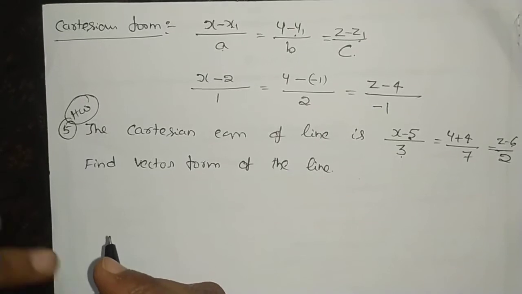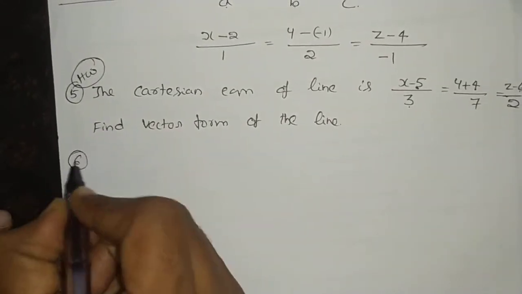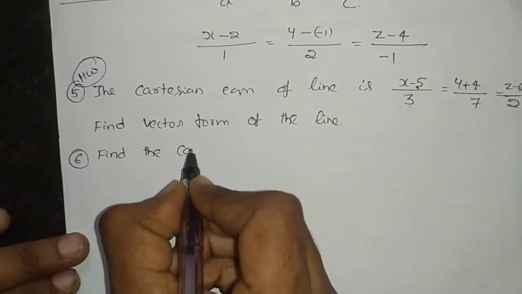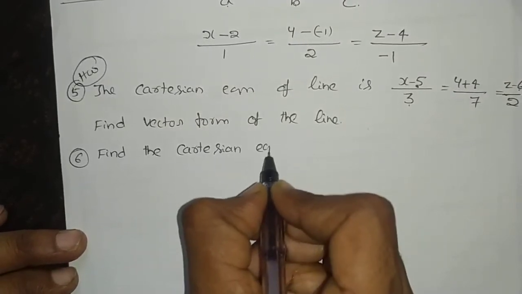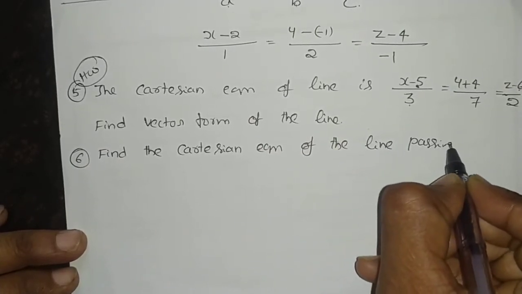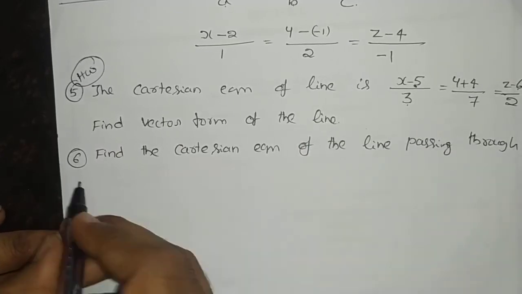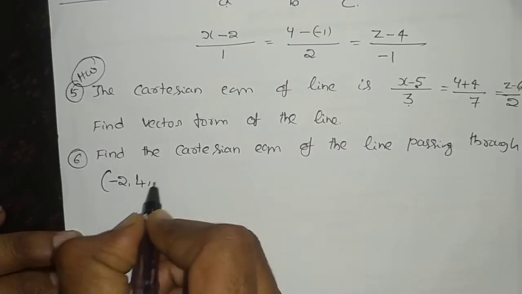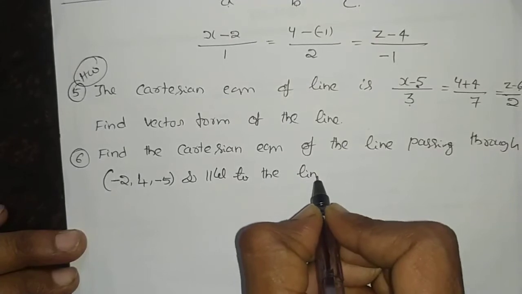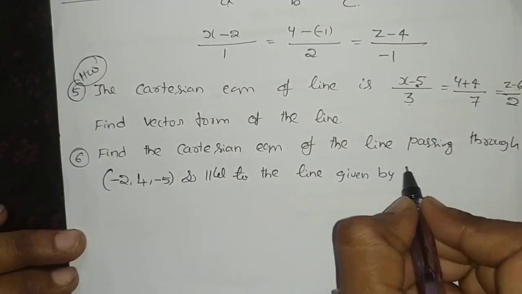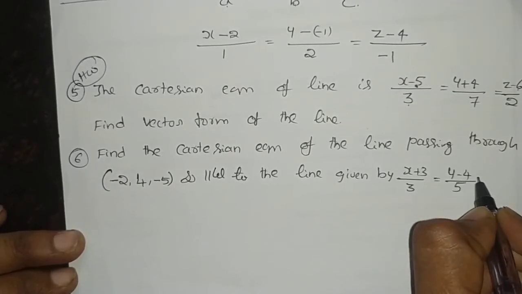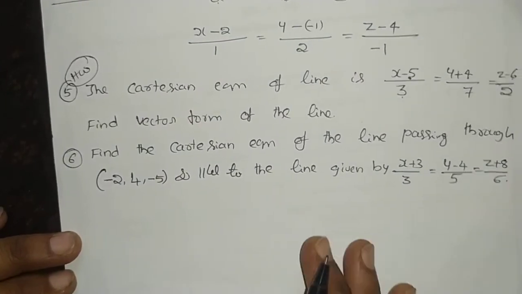Next question, sixth one: find the Cartesian equation of the line passing through (minus 2, 4, minus 5) and parallel to the line given by (x plus 3) divided by 3 equals (y minus 4) by 5 equals (z plus 8) divided by 6.